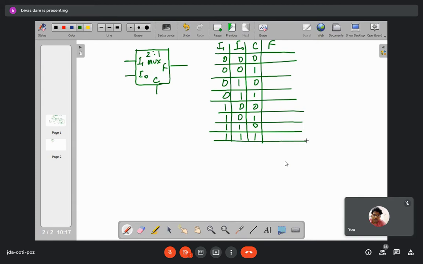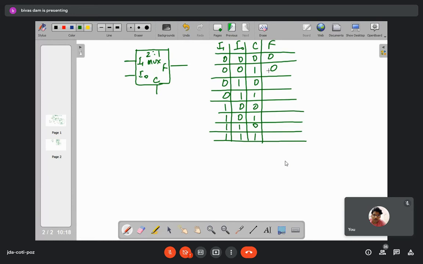So tell me what is the output for 0, 0, 0? 0. Then 0, then 0. No, 1. Why 1?